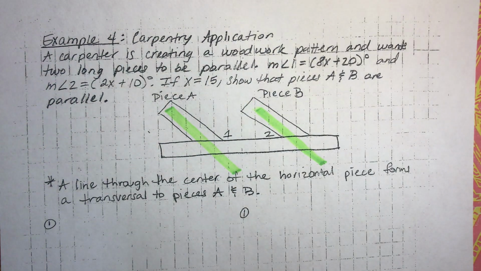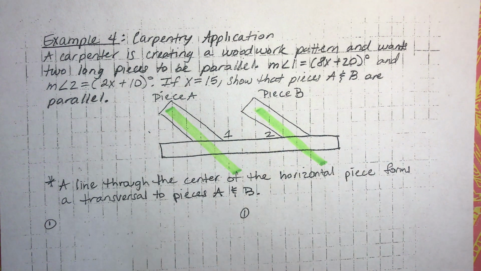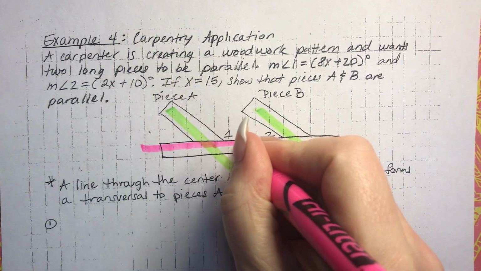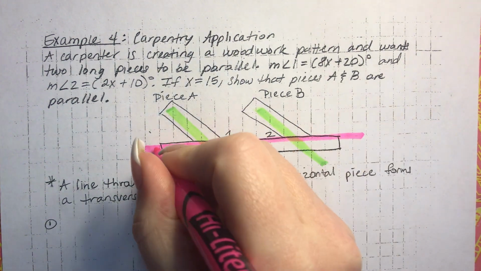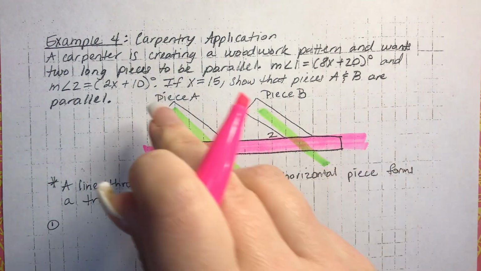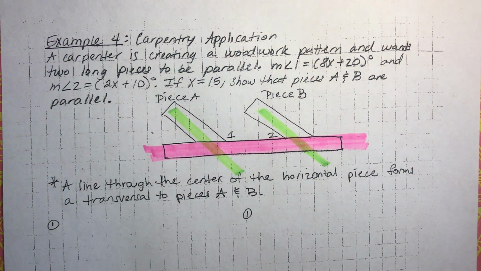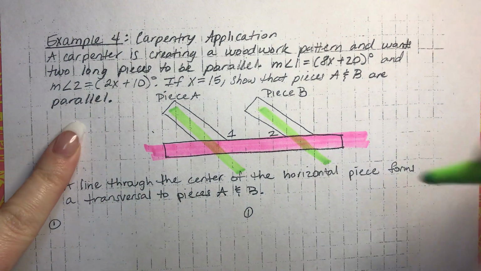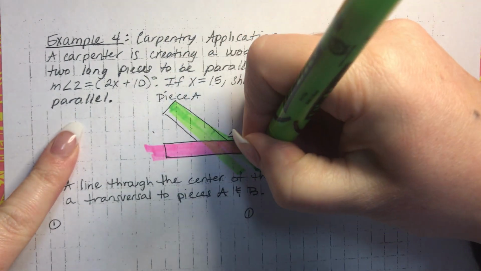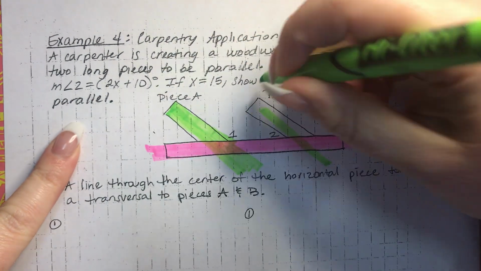And then this thing right there, that's really our transversal, right there. Okay, so do you guys all see that? So here's our transversal. Here's our 2 lines, piece A and piece B, that we're trying to figure out, if they're parallel or not.